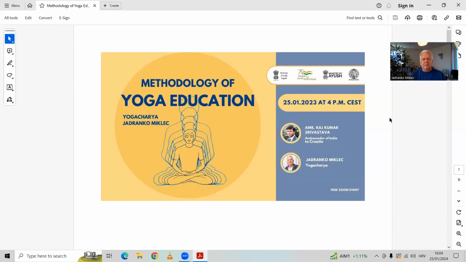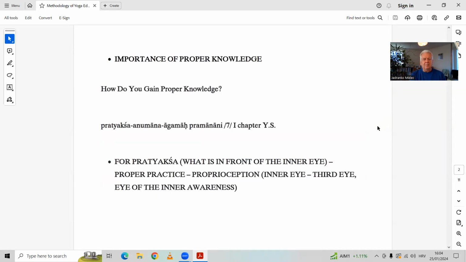So in yoga education, it is education about life itself, because yoga is related to the whole life. Yoga means unity or integration, or we can say correlation of all the values of life.